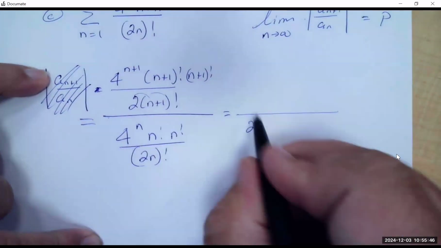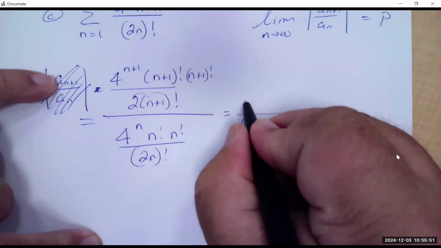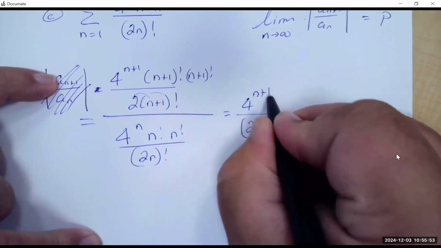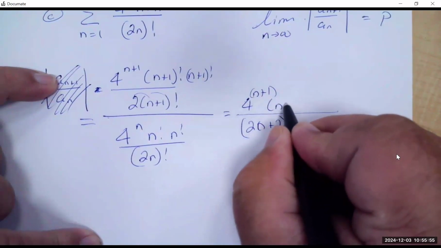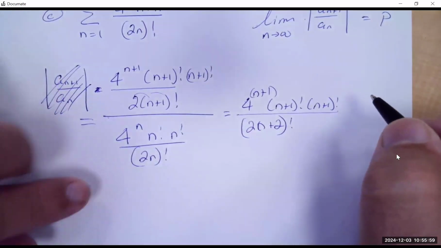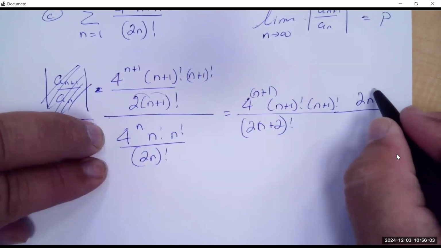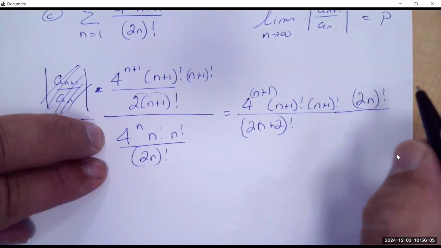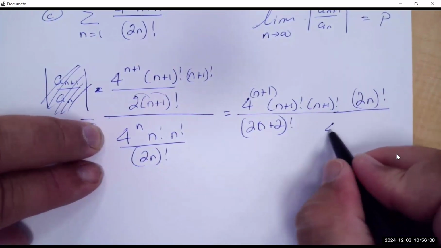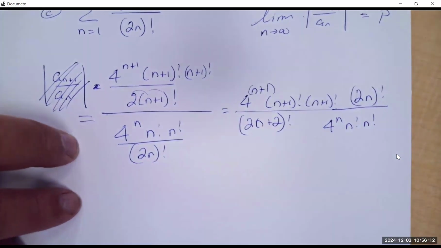So this one here will be 2n plus 2 factorial, 4 to the n plus 1, n plus 1 factorial, n plus 1 factorial. Flip the bottom, so we have 2n factorial and 4 to the n, n factorial, n factorial.